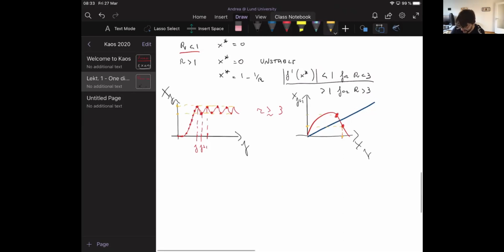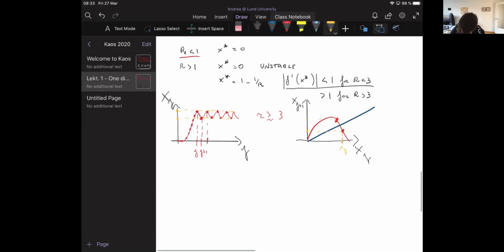And this lower value will correspond, so this is xj, this is xj plus 1, exactly to the point where the value of the map at that point, so xj plus 2, is again equal to xj. And so the map will go back and forth between these 2 points.